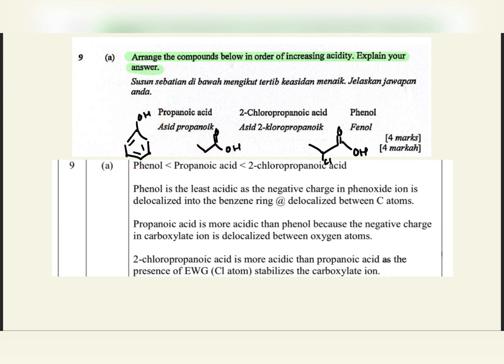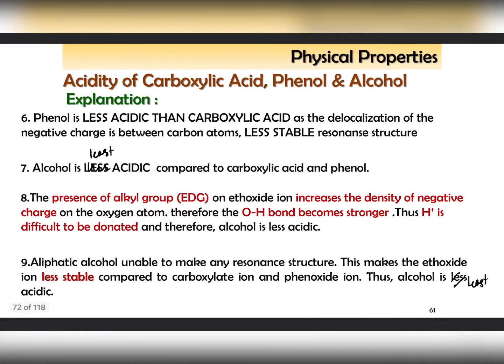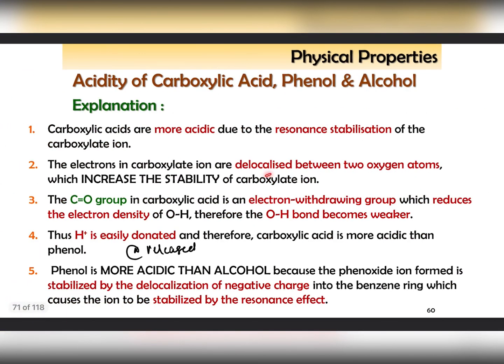Okay, so kalau kita compare these three, ini carboxylic acid. So carboxylic acid is the most acidic. Okay, because of the yang tadi kita cakap lah, because of the delocalization between the two oxygen atom, it will increase the stability of the carboxylic ion.